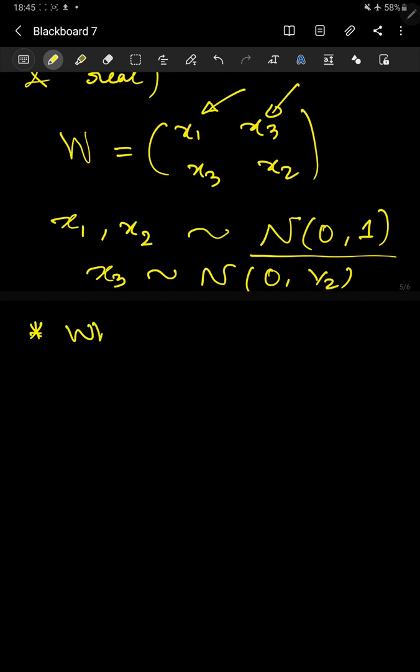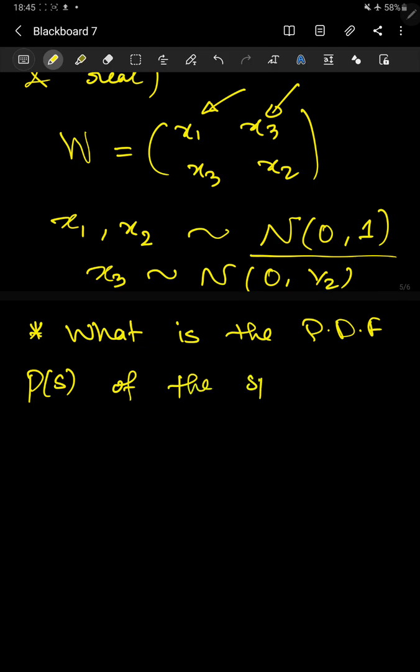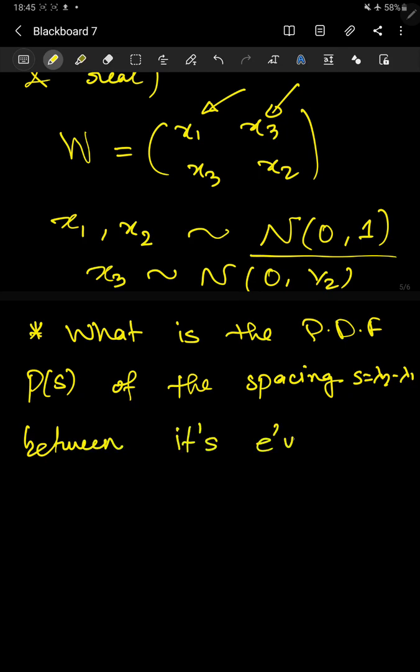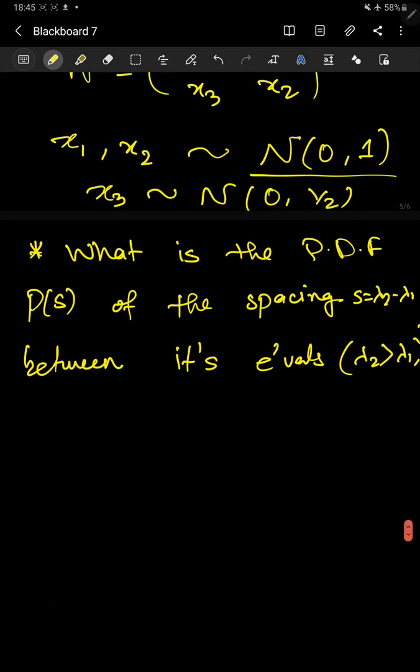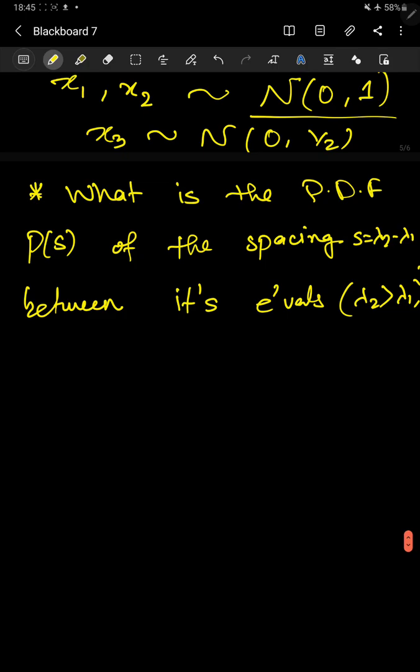So the question we will try to solve in this problem is, what is the probability distribution function, say P(s), of the spacing, say s equal to lambda 2 minus lambda 1, between its eigenvalues, where lambda 2 is greater than lambda 1. Okay, let's try to answer it.